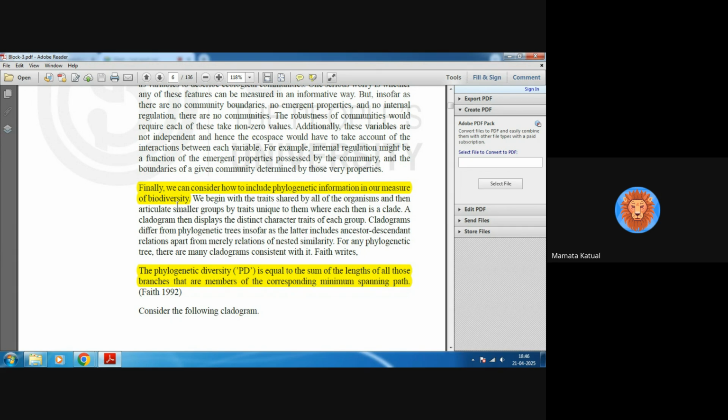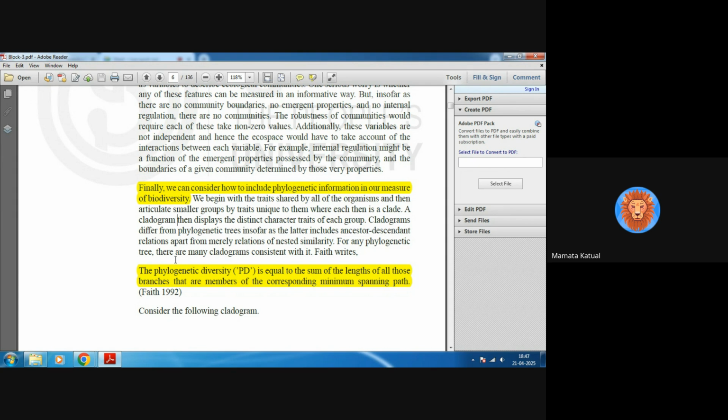So for studying the relationship between different clades, we have to prepare a cladogram. And there is another one, which is a phylogenetic tree. It is a graphical representation.